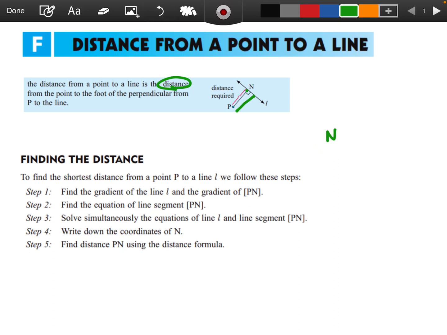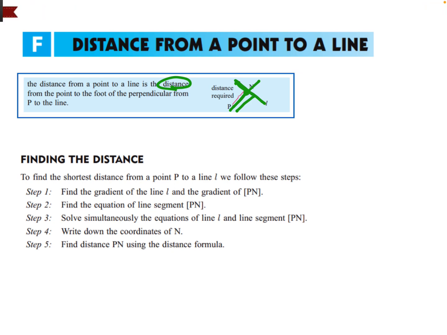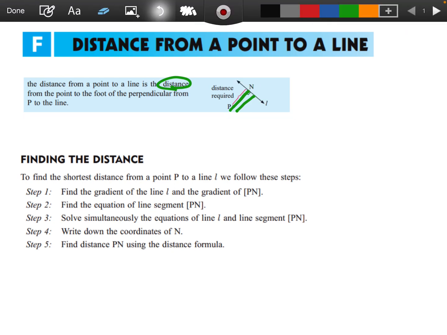N is the point that appears on both lines, on this line PN and also on this original line. It's where those two lines cross over one another. If I can figure out the point that exists on both lines, then I've got the coordinates for N, and then I can use the distance formula.